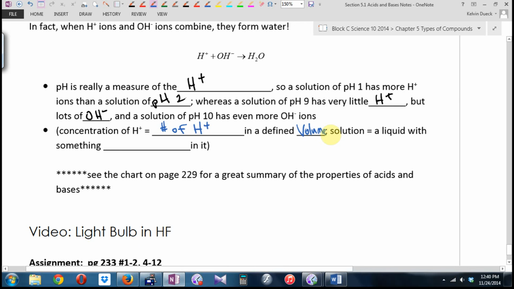When they talk about the concentration of ions, they're not saying how many there are, they're saying how tightly packed together they are. Highly concentrated means you've got a lot of ions in every milliliter. I could have a bunch of ions, but if the container was the size of this room, it's not very concentrated. I could have a few ions, but if the container was the size of a thimble, it could be very concentrated. Is that okay?